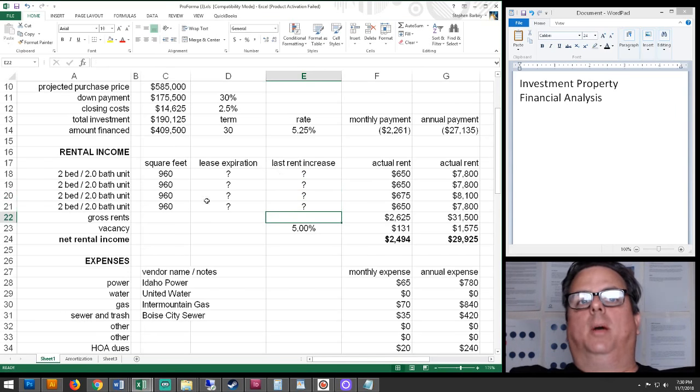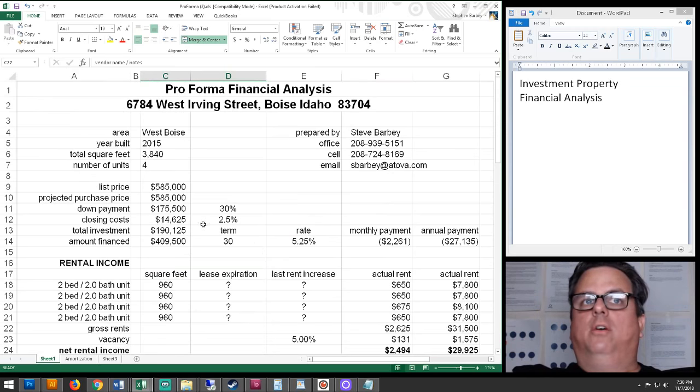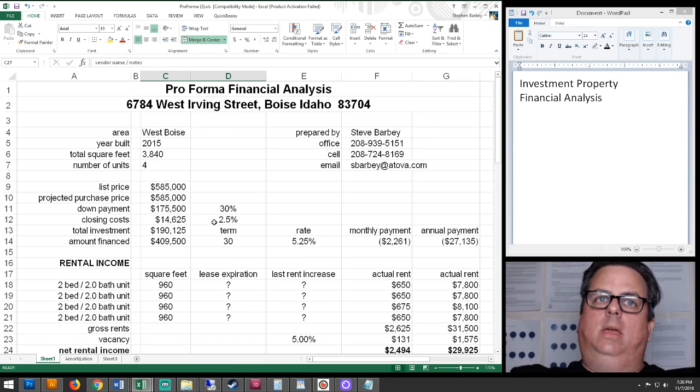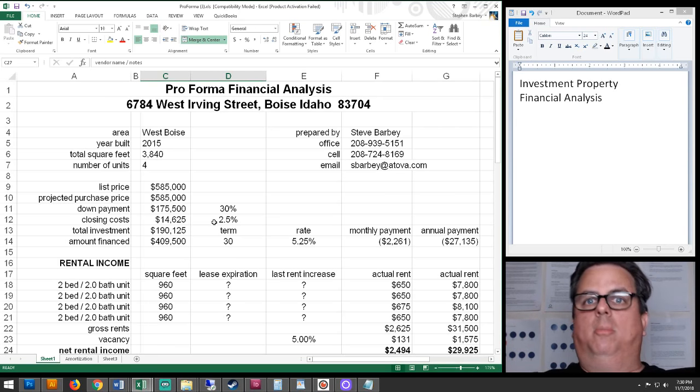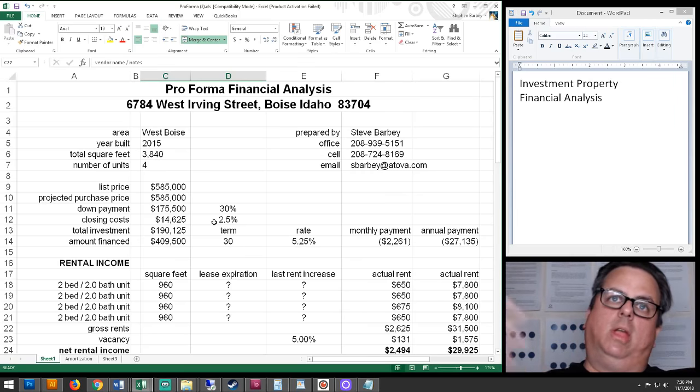Now, if you were doing a pro forma financial analysis for a seller, an owner of an investment property has come to you and said, I'd like to list my property. If it's a single family home, you would actually do a CMA and a pro forma. So it's more of a traditional house, marketing it for a regular buyer and marketing it for an investor.